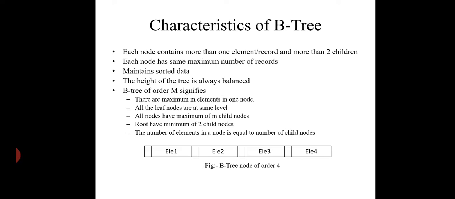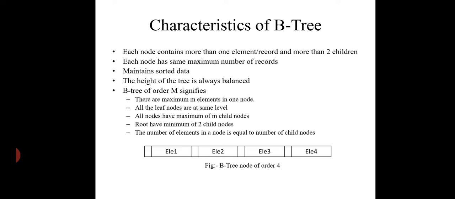For example, if the B tree is of order 4, all nodes contain 4 elements. If the order of B tree is 5, all nodes contain 5 elements, like that. So this B tree maintains sorted data. So the data in these nodes are in sorted order.